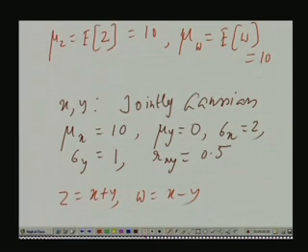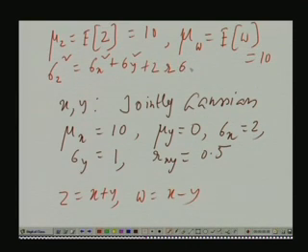So, these two moments are done. Then what is sigma z square? We had already seen earlier that if x and y are added, the corresponding variance is sigma x square plus sigma y square plus twice r sigma x sigma y.